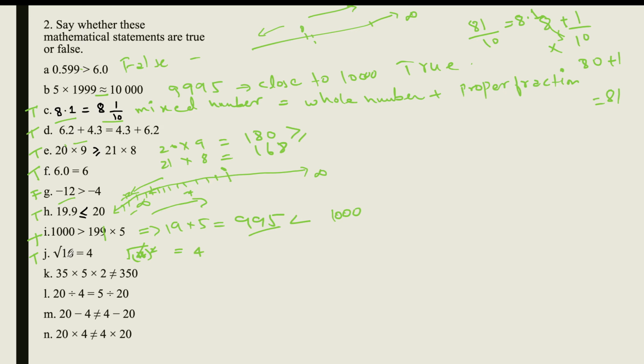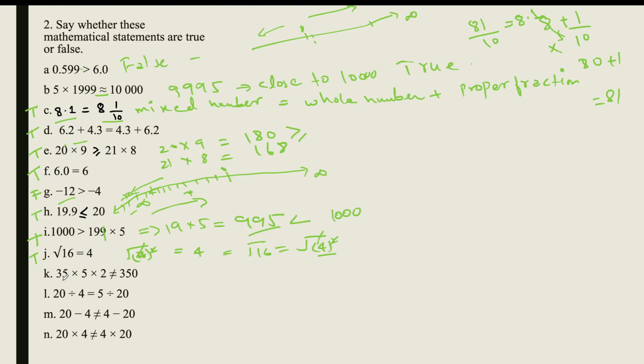So the square root of 16 is equal to 4, therefore this is a true statement. Or we can say under root 16 is equal to square of 4 under the root. These two get cancelled and we get 4, so this is also true.